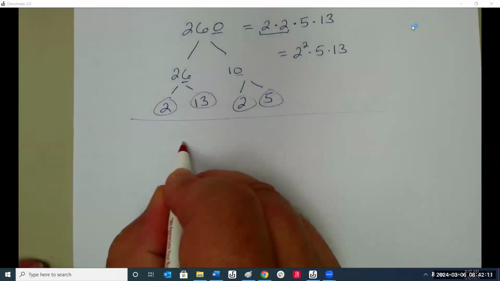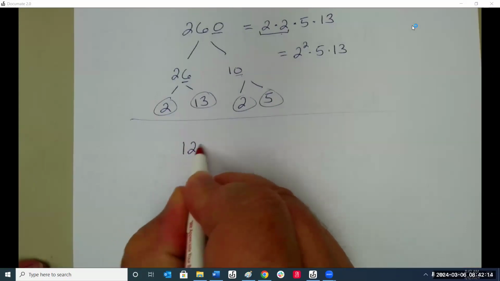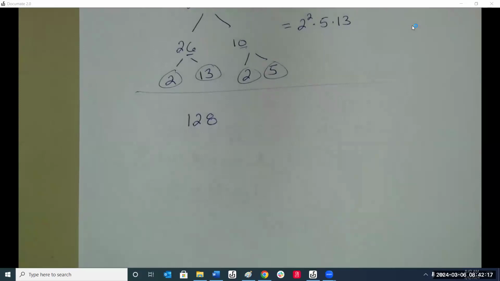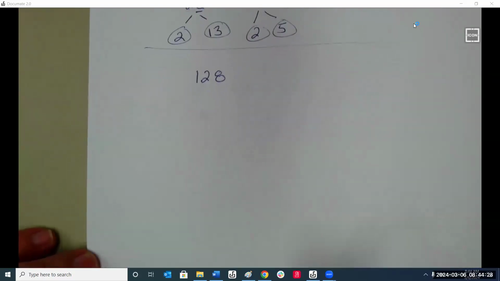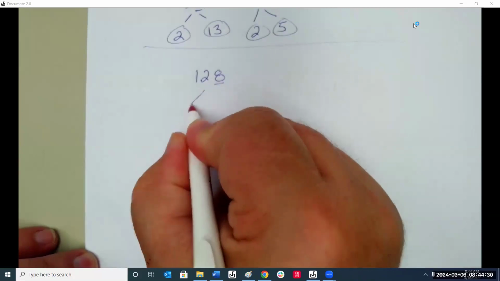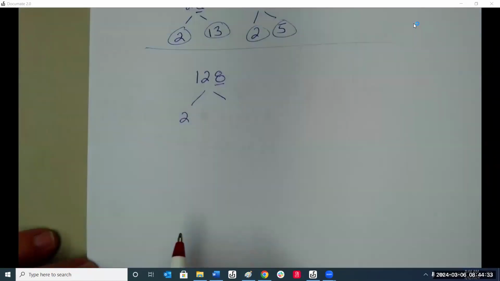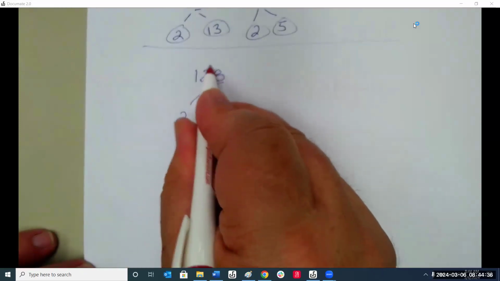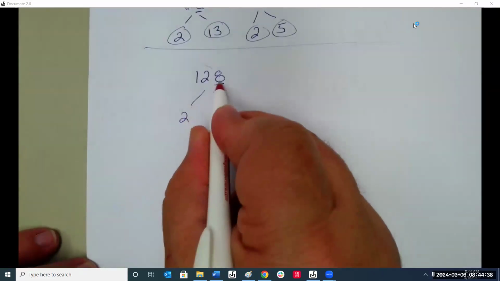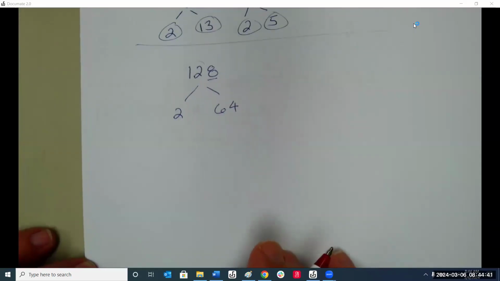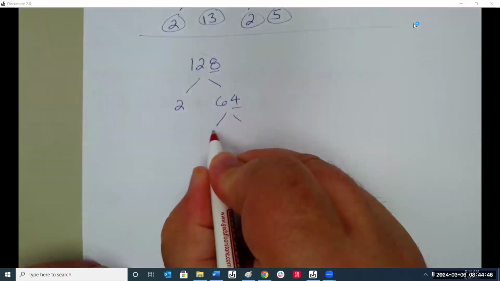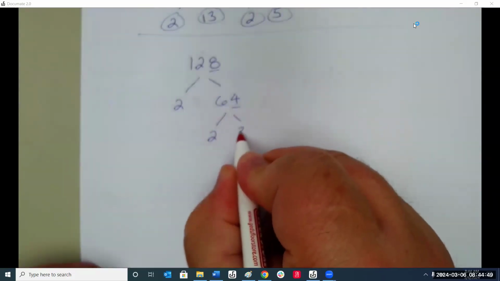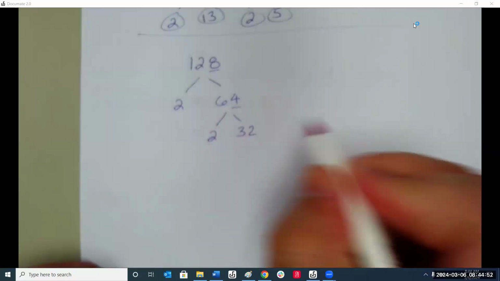One more. 128. Because it ends in an even number, we know it's divisible by 2. 2 goes into 12 6 times. 2 goes into 8 4 times. Again, 64 ends in even, so it's divisible by 2. 2 goes into 6 3 times. 2 goes into 4 twice.